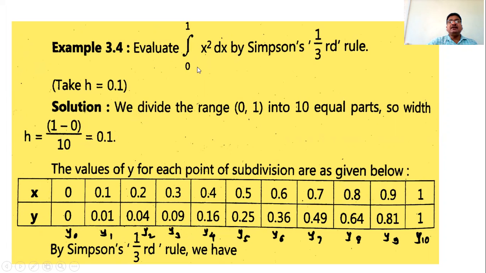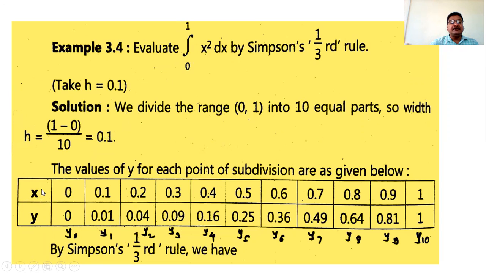We would have to divide this interval 0 to 1 into 10 equal parts, but there is no need to write this statement, because h is given in the problem. Directly prepare the table.